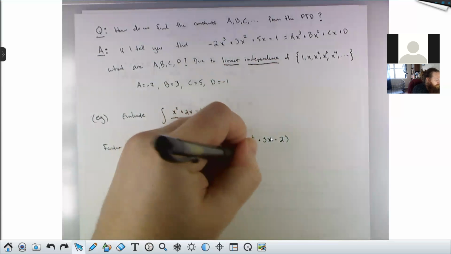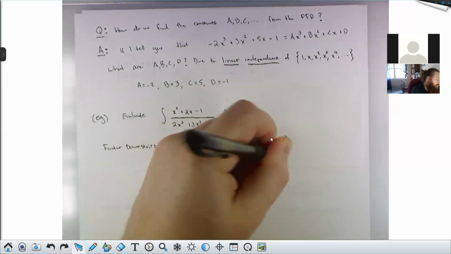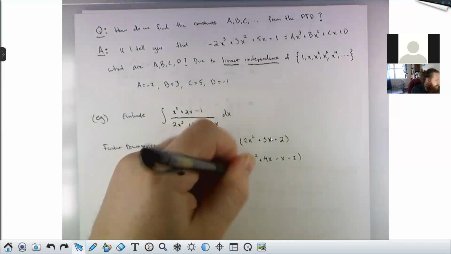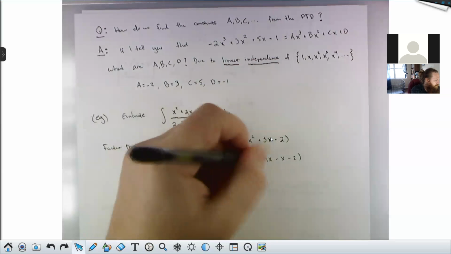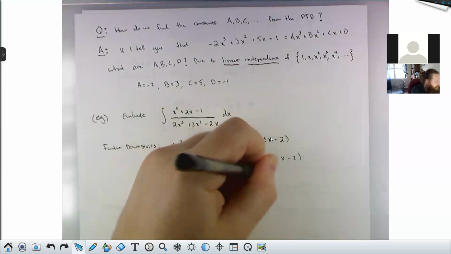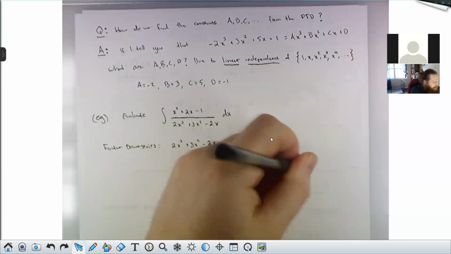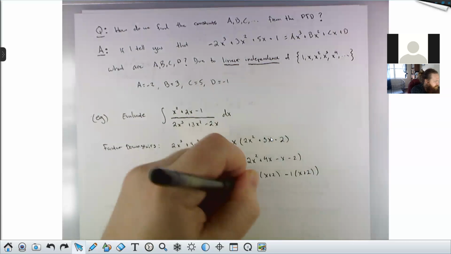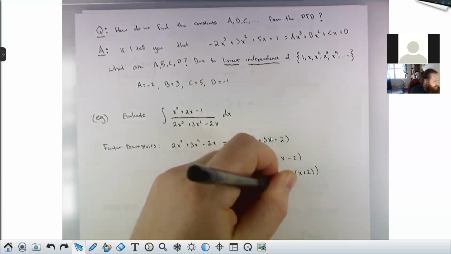So I rewrite this as 2x squared plus 4x minus 1x minus 2, and then factor by grouping. I can pull out a 2x from the first two terms, and I'll be left with x plus 2. I can pull out a -1 from the second two terms, and be left with x plus 2. So this is x times (2x minus 1) times (x plus 2).